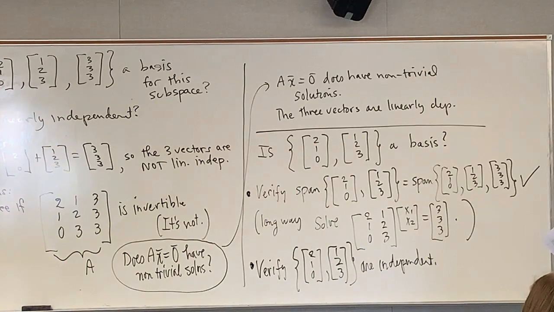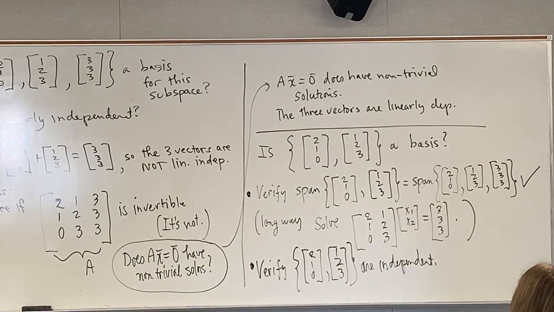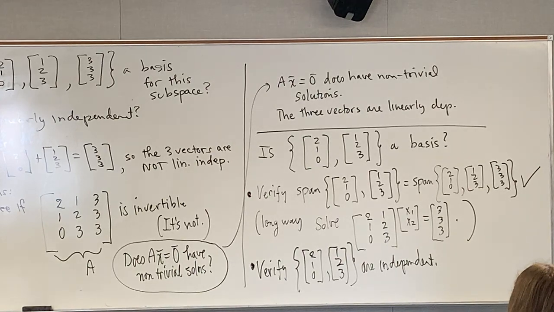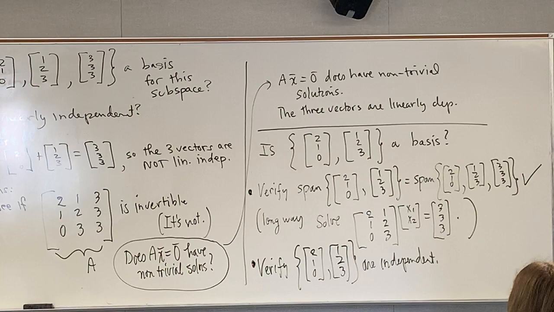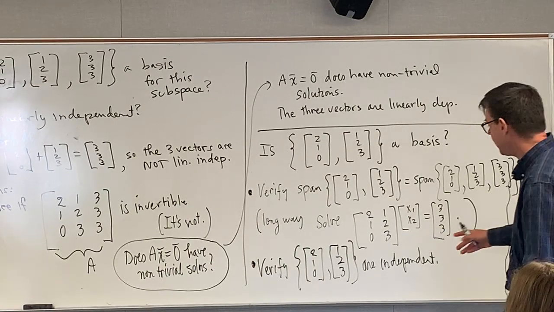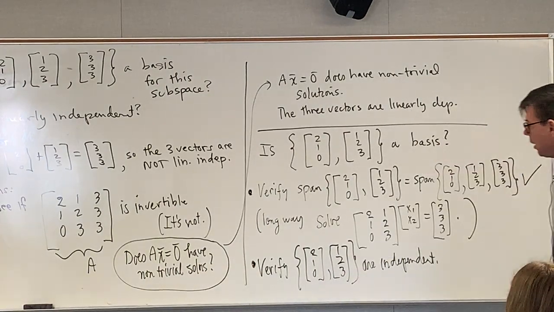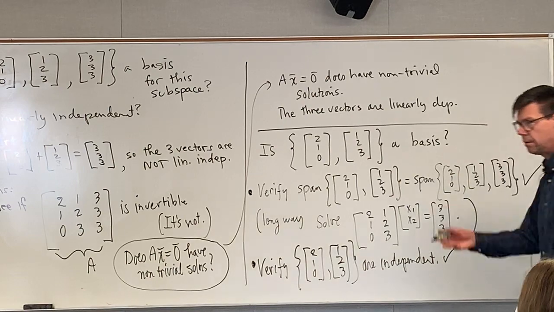But in general, you won't necessarily know it's the third one that you can remove. Here I think it doesn't matter which one we remove, because we're always going to end up with two vectors that are not scalar multiples of each other.